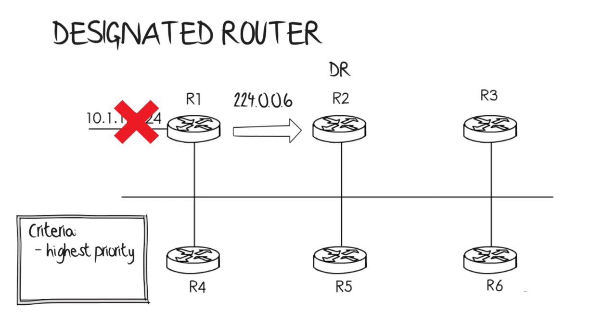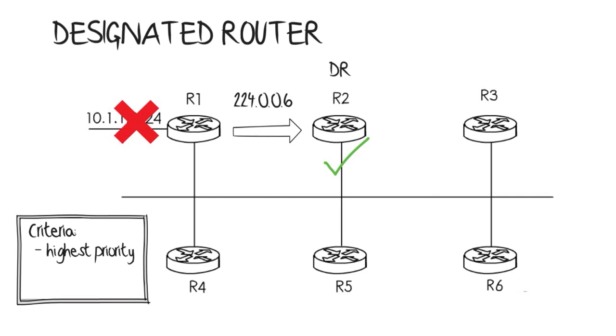Now, multicasting isn't covered in this course, but briefly, if this infrastructure was a hub, so the routers were connected via a hub, at layer 1 that multicast would go to all the routers. However, only certain routers are listening or accepting that multicast. So only certain routers have subscribed to that multicast. In this case, only designated routers are listening for and accepting multicasts to address 224.0.0.6.